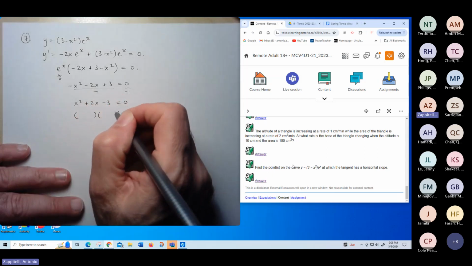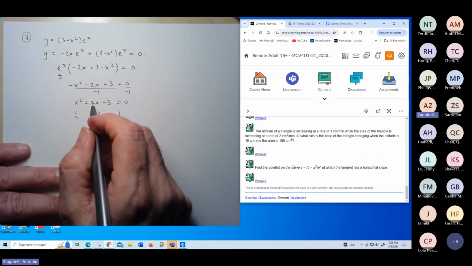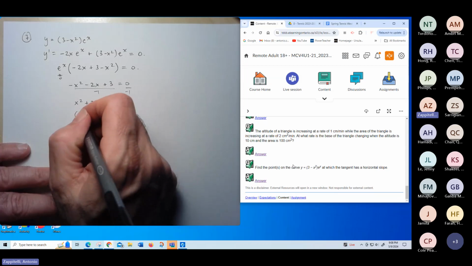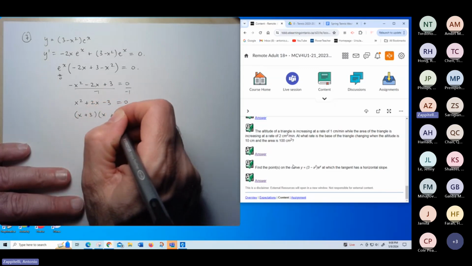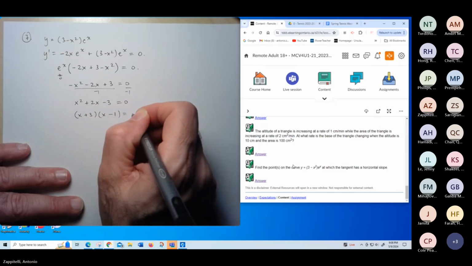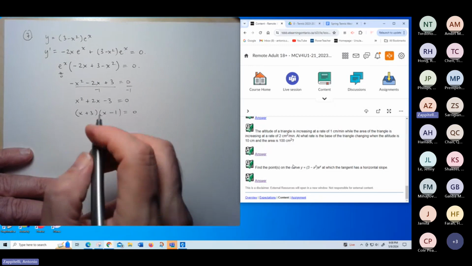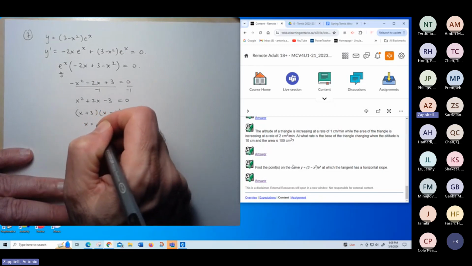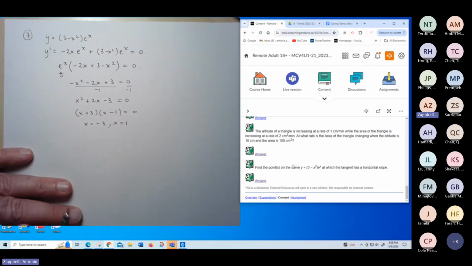Two numbers that multiply to negative 3 and add up to positive 2. So that looks like it's going to be x plus 3, x minus 1. Negative 1 plus 3 is 2. And so it looks like our answers are x equals negative 3 and x equals 1.